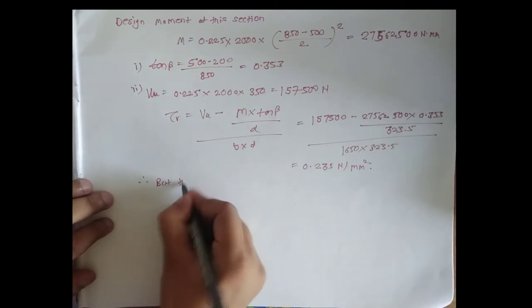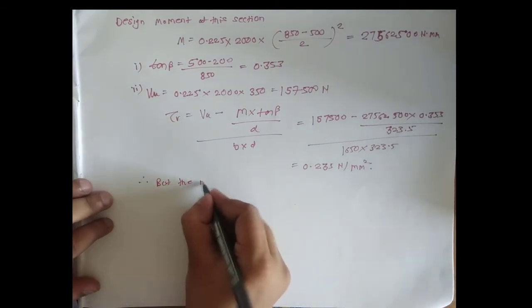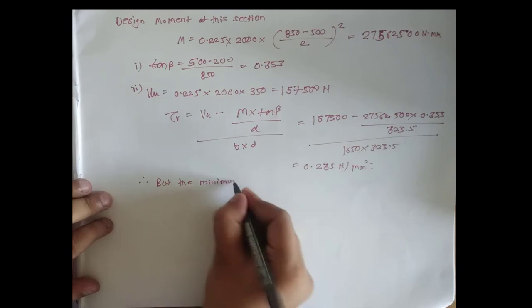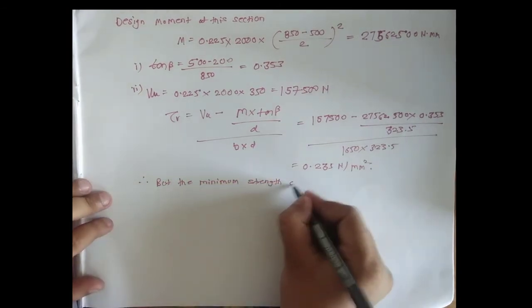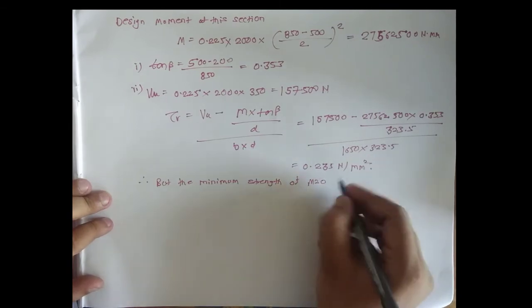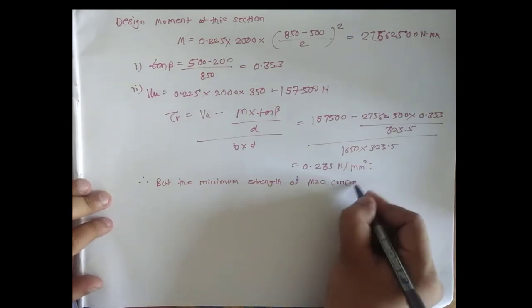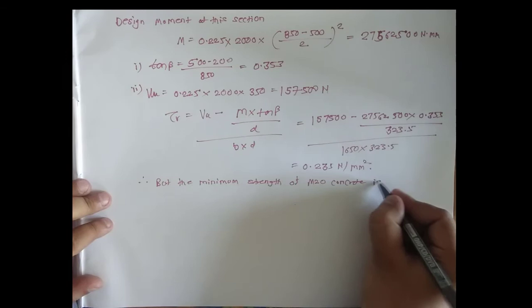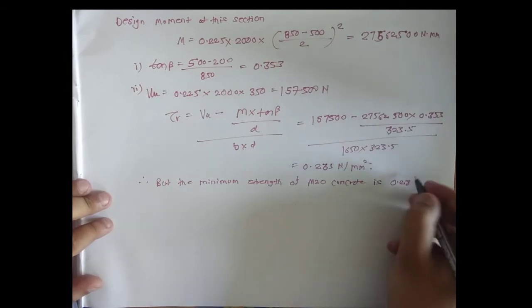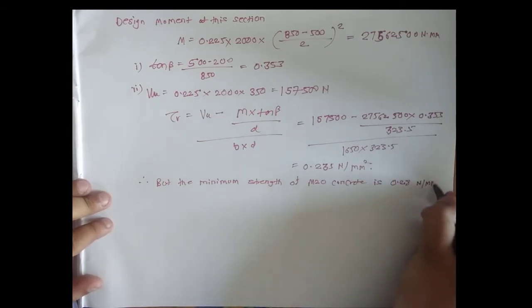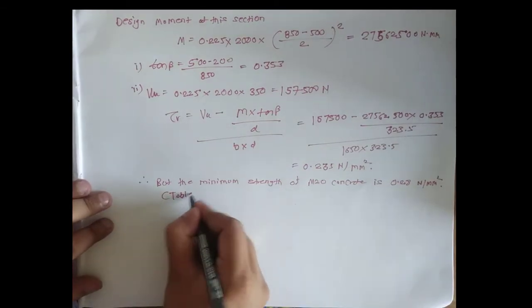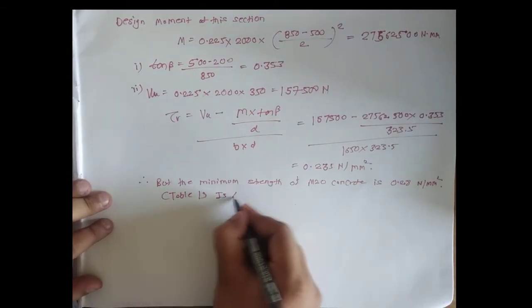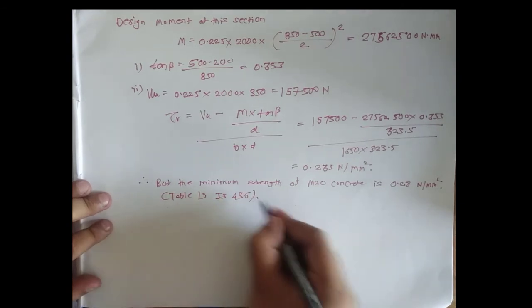But the minimum strength of M20 concrete is 0.28 Newton per mm square. You can see this value from Table 19 of IS 456.